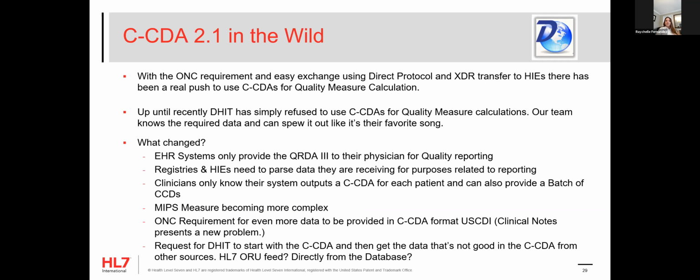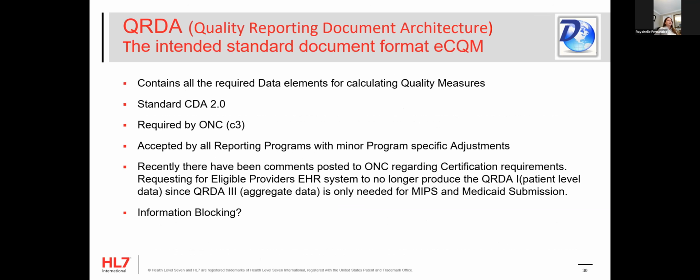So we're taking the CCDA, starting there, moving into a ORU feed if necessary, and then diving into the database, which is what we do all the time working with EHRs. They're writing data extractions to give us the data needed. But why? Why aren't we just using the QRDA is my question. There is a document. HL7 has covered this.